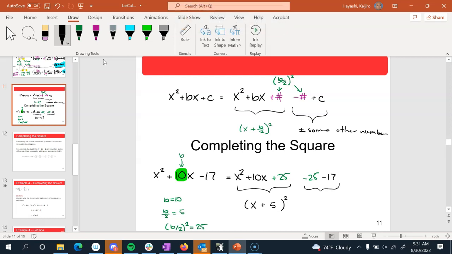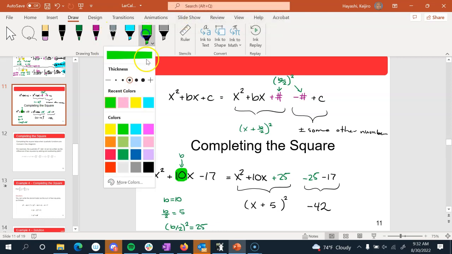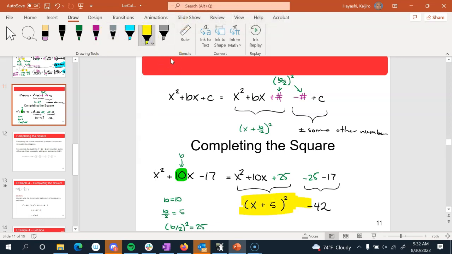So once you have this perfect square trinomial, you can factor it like any other trinomial and end up with this binomial squared, or you can remember that it's meant to condense into x plus b over 2 all squared. Whichever way, it doesn't really matter. Then this minus 25 and minus 17, you combine at the end into whatever constant forms, in this case minus 42. But that square is completed, and this minus 42 is just hanging out at the back.